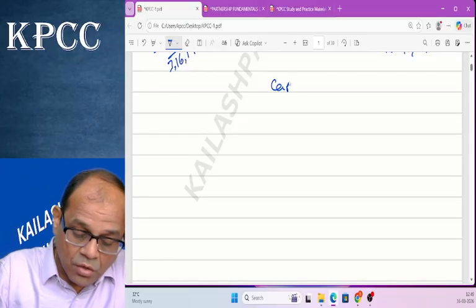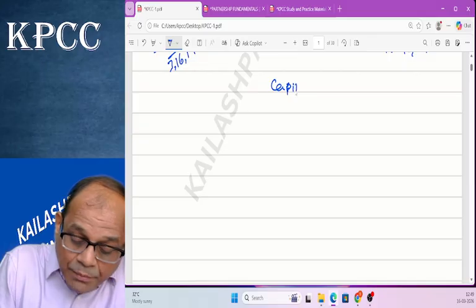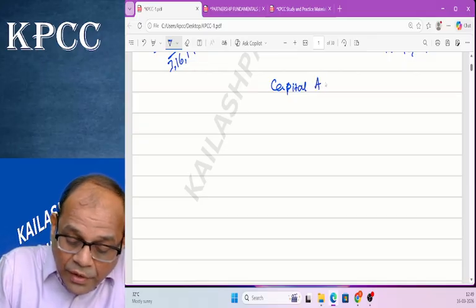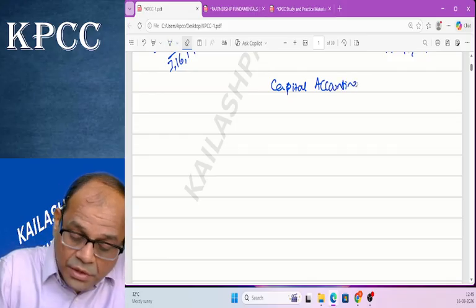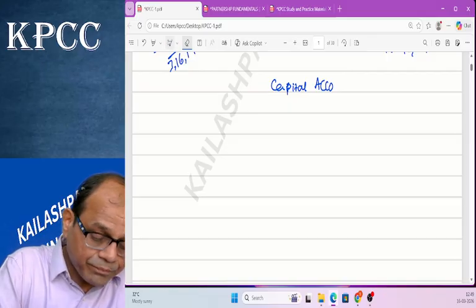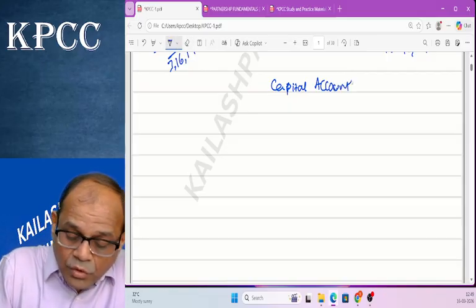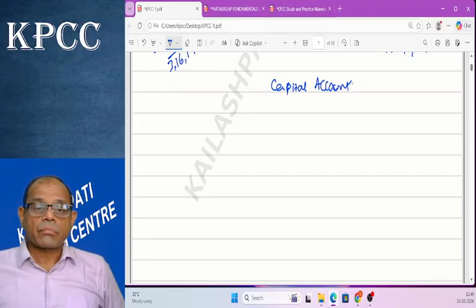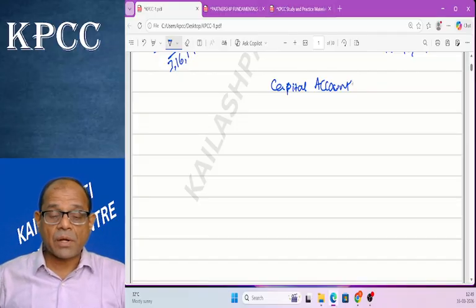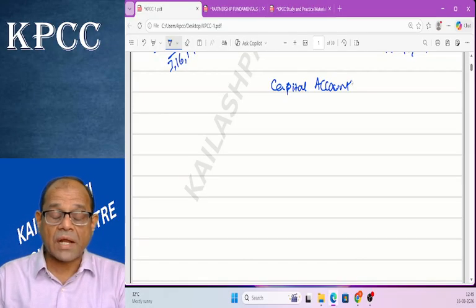Okay. So now he is asking to prepare capital accounts, and mind you, here capital accounts are fluctuating. Now how do you know capital accounts are fluctuating? Because the question is silent. He has not told anywhere that capital accounts are fixed. If the capital accounts are fixed, he will specifically tell that they are fixed.